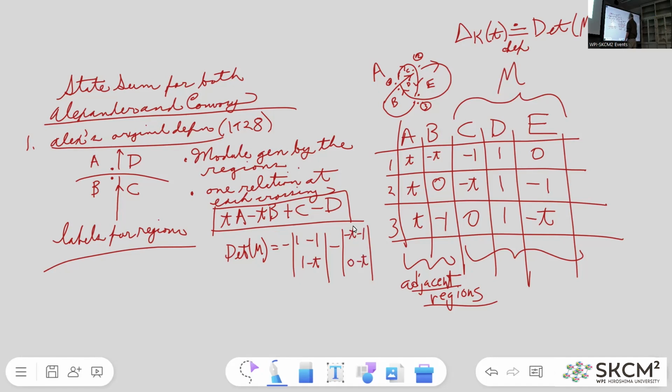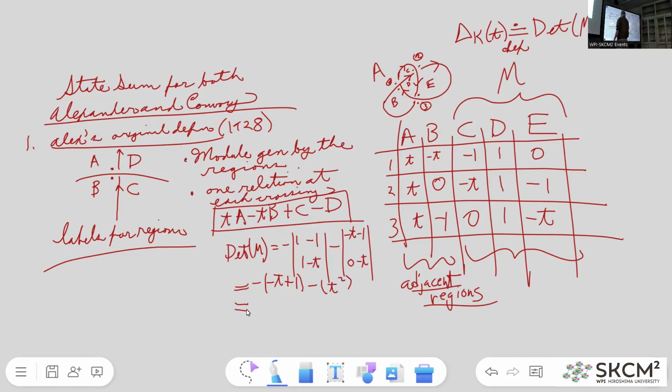Always jeopardy, calculations as complicated as this. So let's see if it works out. So we have minus, and we have minus t plus 1 minus t squared.